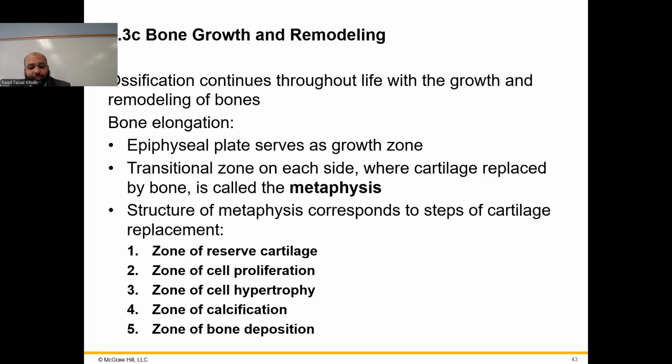The structure of the metaphysis corresponds to steps of cartilage replacement. There's the zone of reserve cartilage, the zone of cell proliferation, the zone of cell hypertrophy, the zone of calcification, and the zone of bone deposition.